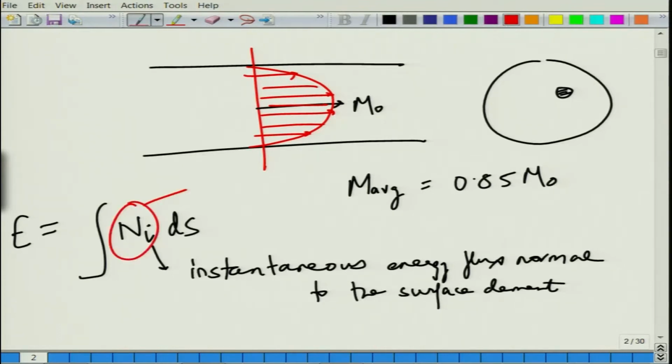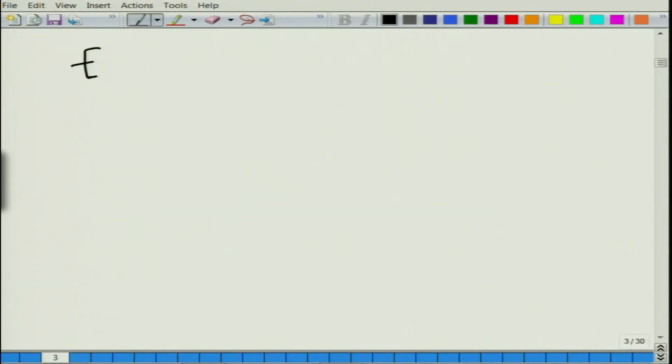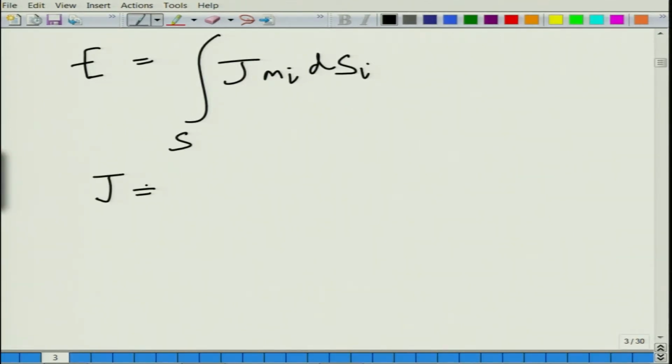We can write this Ni as enthalpy times Mi, where Mi is the mass flow rate and J is the enthalpy. So, what we do is put energy as the integral over the cross section area of J times Mi dSi, where i really means some ith element in a big complicated muffler. There is nothing very sacred about the number i, and J is the stagnation enthalpy, that is, where the flow is very gradually brought down to rest.